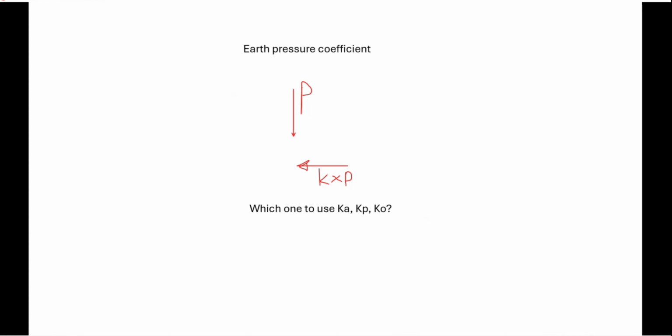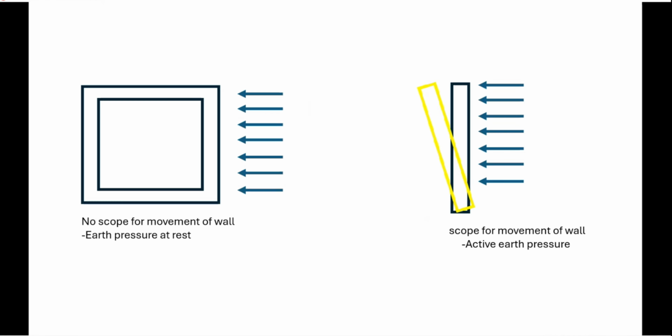So, if there is any kind of pressure which is acting vertically, and if there is some structure which is retaining that particular soil, then in order to apply the lateral load on that particular structure, we use the coefficients, which are nothing but active earth coefficient, passive earth coefficient, and coefficient at rest. Now, the next question which will come, when to use what?